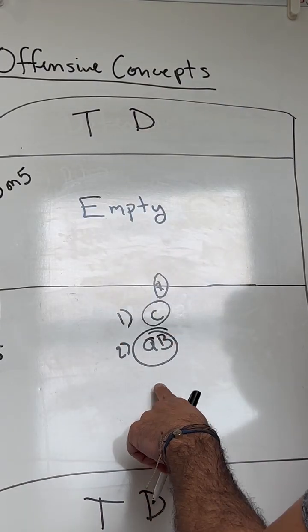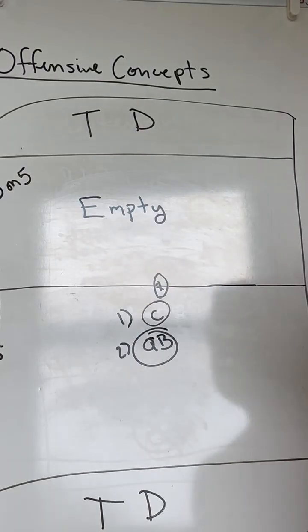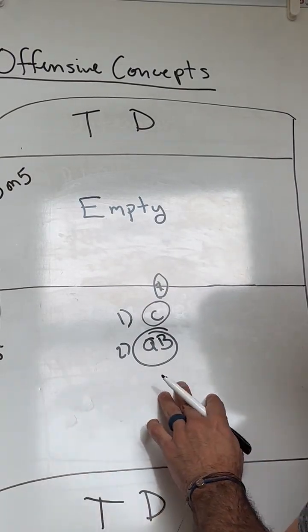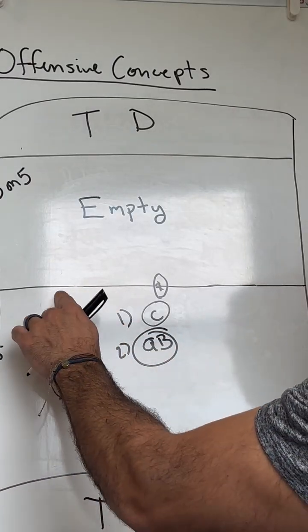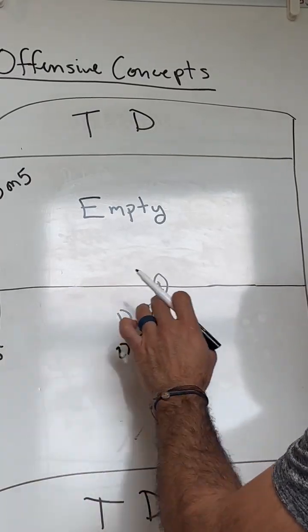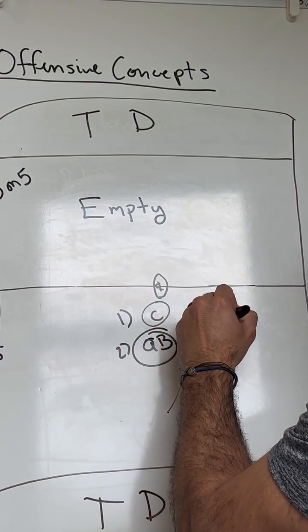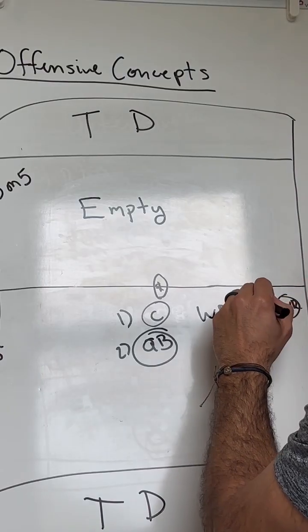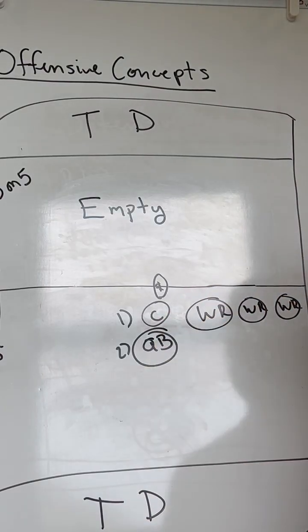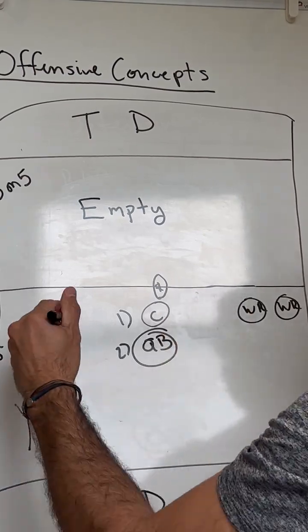Empty means we're not going to have a running back. When coaches use the words empty backfield, it means no running back, and we have 3 wide receivers to put on either side of the football. We can have all 3 on one side, or 2 on one side and 1 on the other.